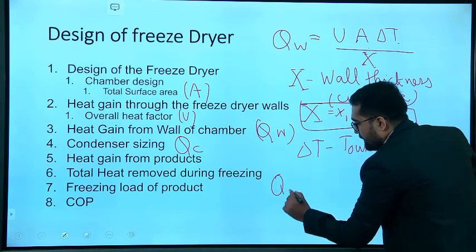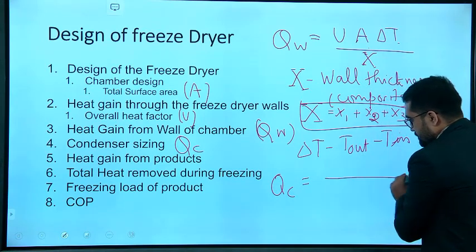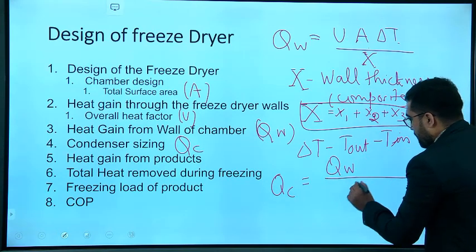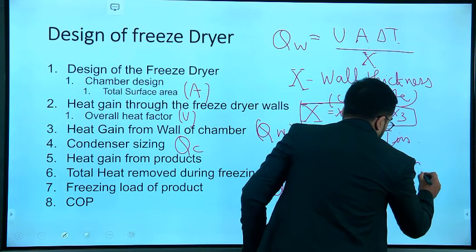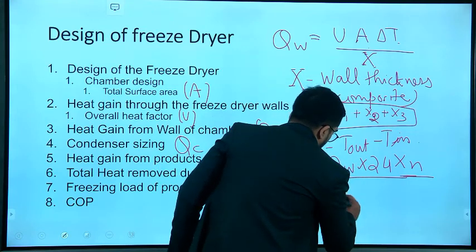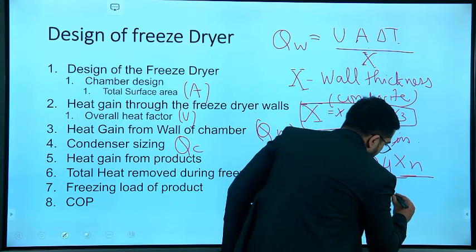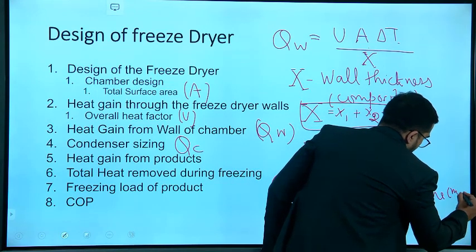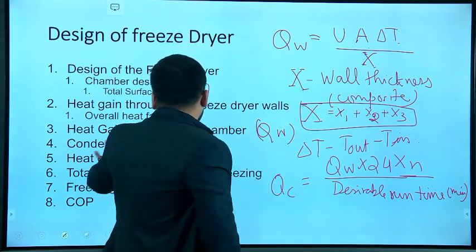So the QC formula is equal to QW into 24 hours, because it is working 24 hours, into N, divided by the desirable runtime. So this is the formula for the size of the condenser.